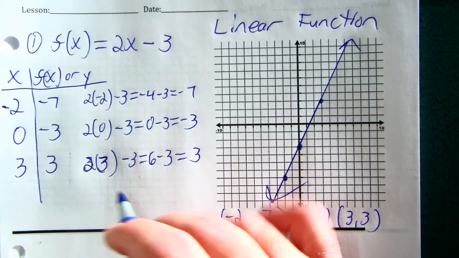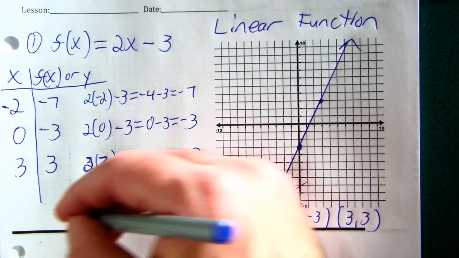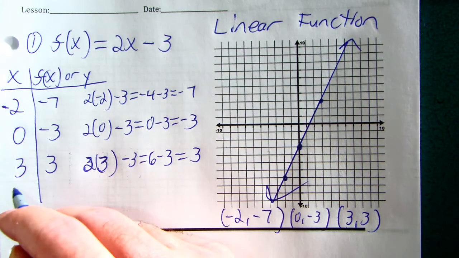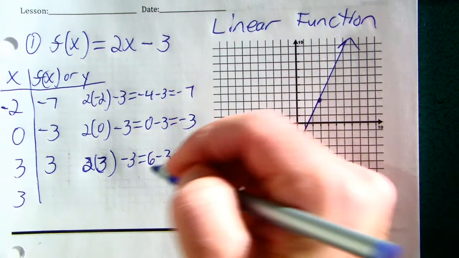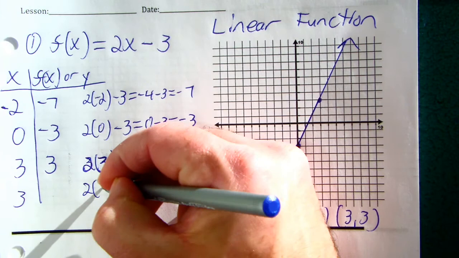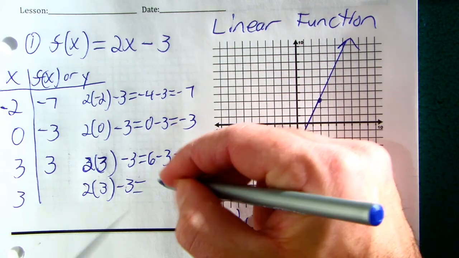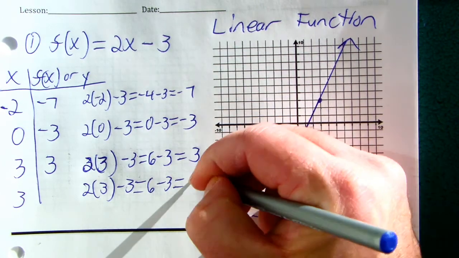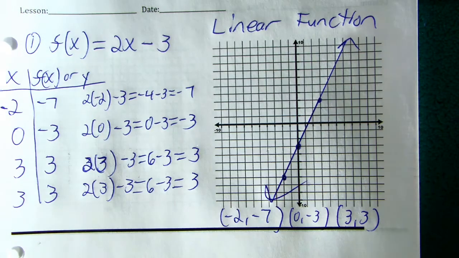All right, so this is a function. Our x values don't repeat. All right, and what I mean by that is if I put 3 in here again, and I do 2 times 3 minus 3, I still get 6 minus 3, and I still get 3.